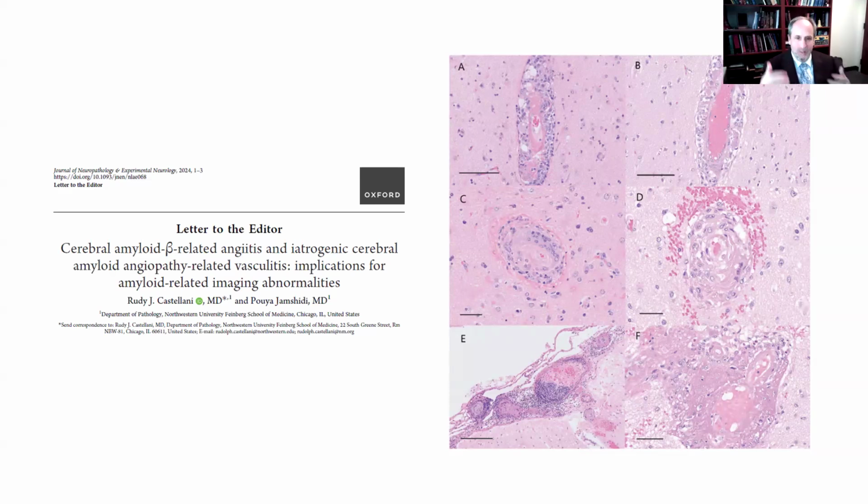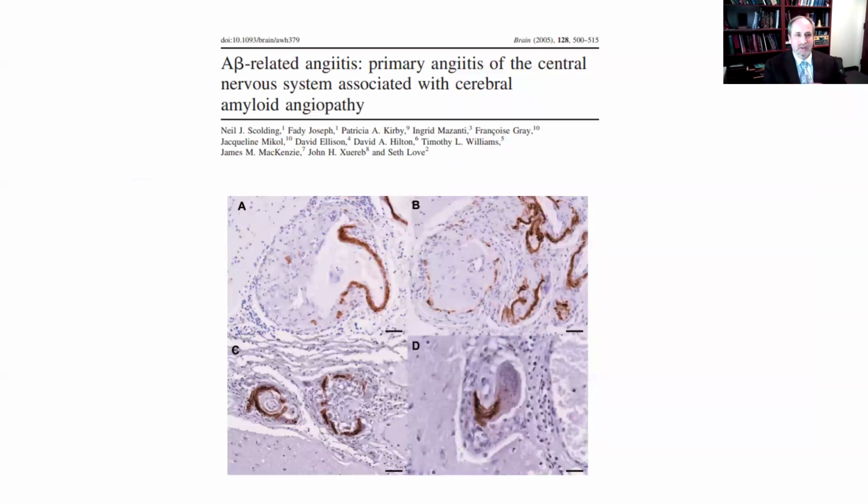But interesting that I think we're looking at immune response to amyloid, one endogenous and one exogenous. There's a very nice publication on this issue some 20 years ago by Scolding and colleagues that demonstrates pathology that, again, is very similar to what we saw in our treated cases.